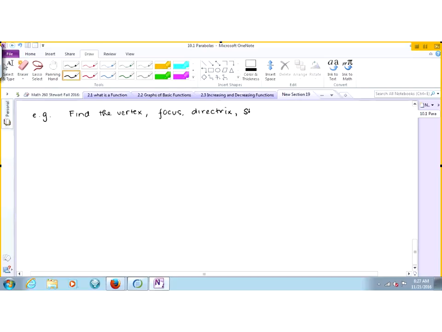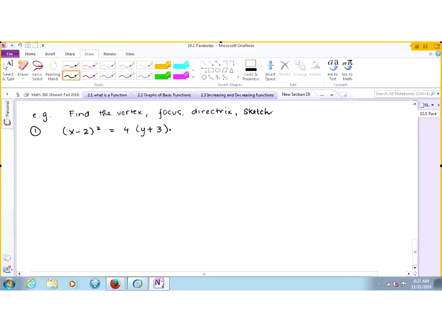But actually, what we do is sketch first. All the time we sketch first. When we find something, we sketch. That's how we find the focus, directrix, etc. x minus 2 squared is equal to 4 times y plus 3.